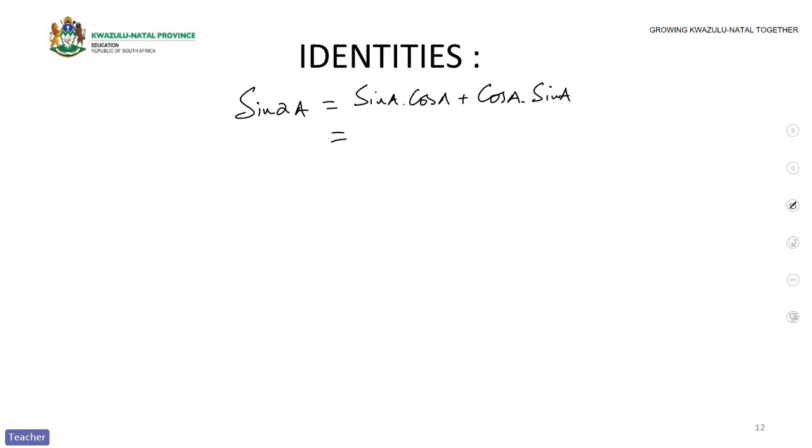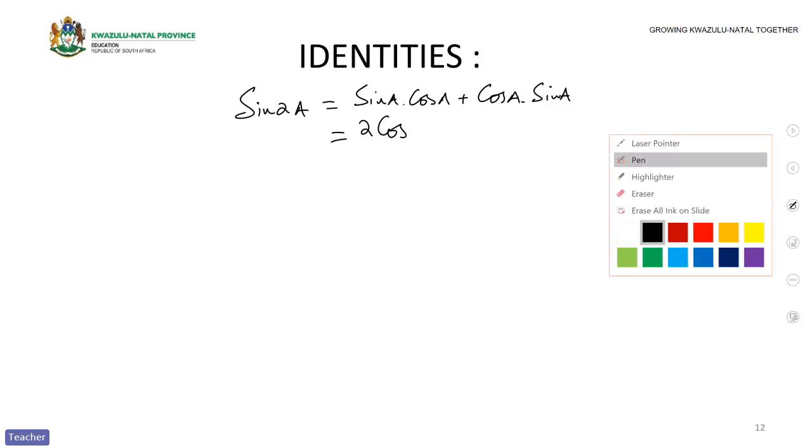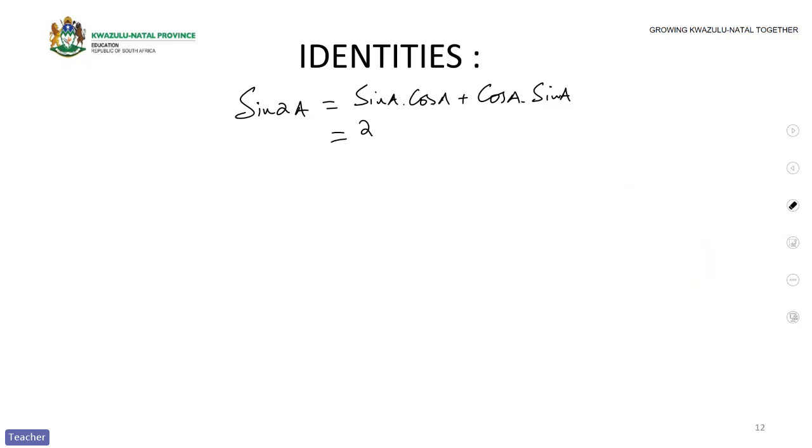So the position doesn't matter. It will be then 2, let me start with sine. It will be 2 sin of A times cos of A.